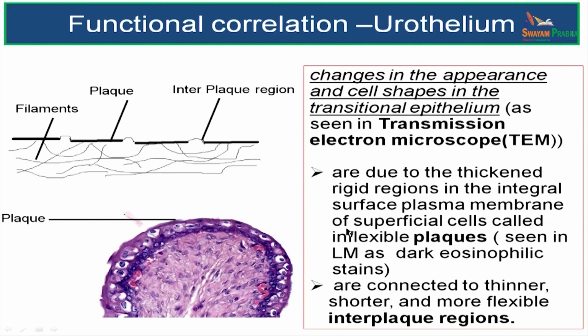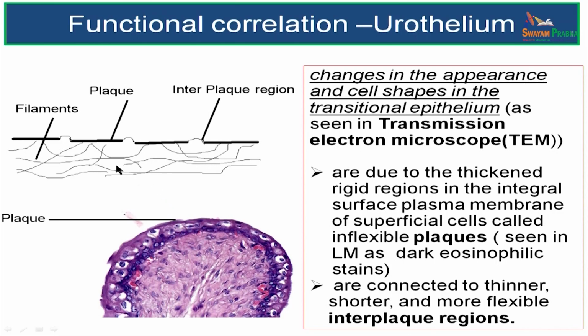The details which I am now highlighting are seen in transmission electron microscope. The superficial cells exhibit thickened rigid regions in the integral surface of plasma membrane called plaques.